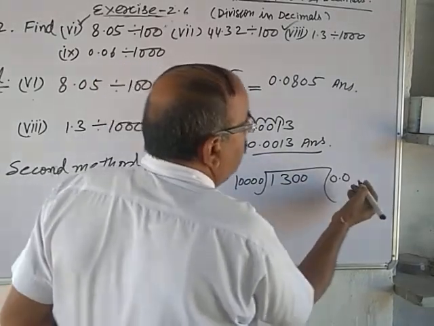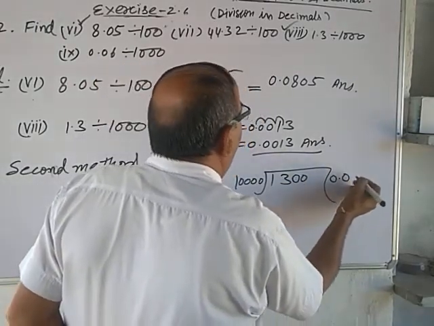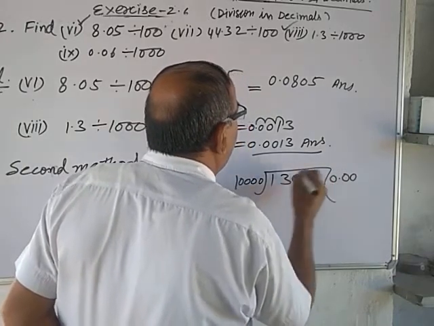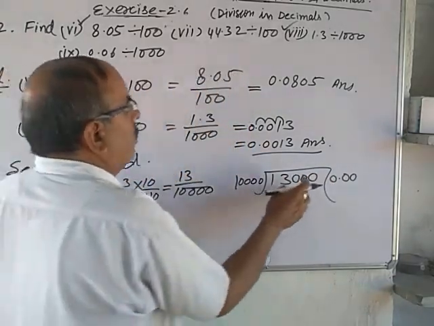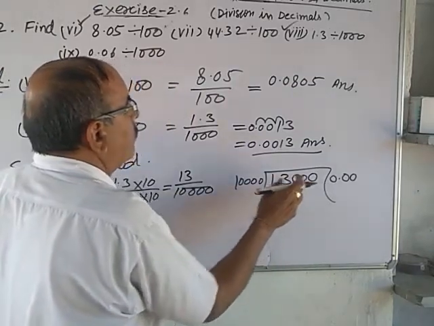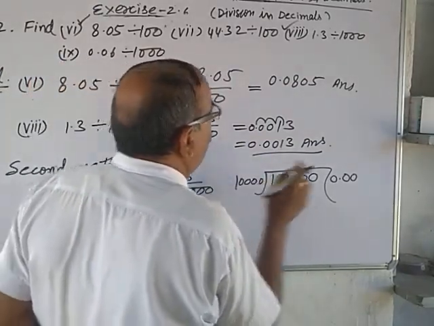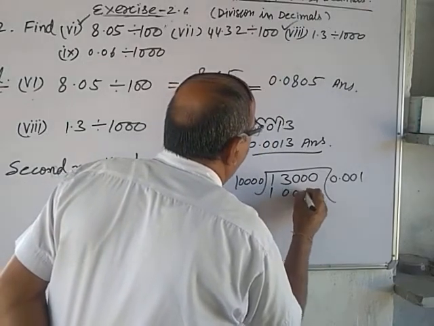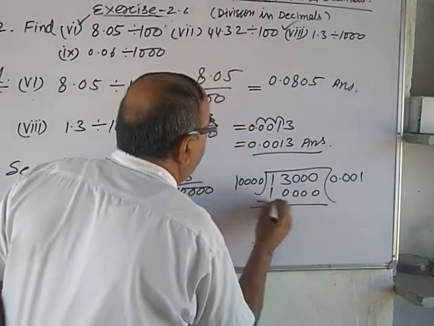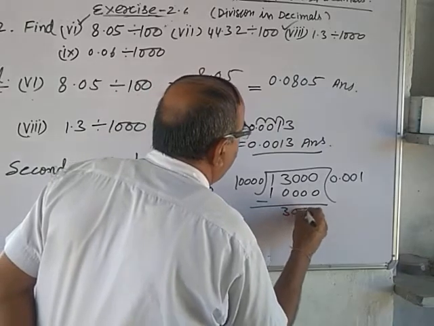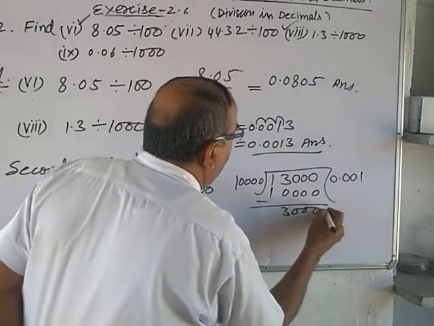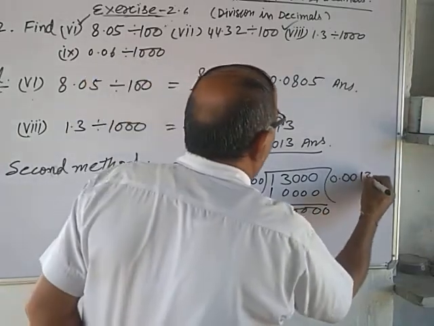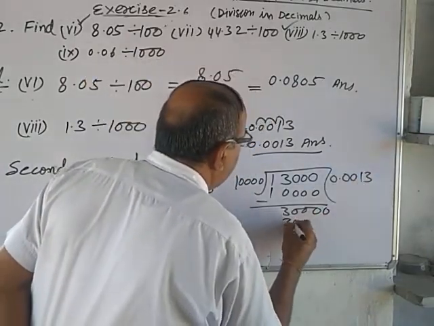There is no division, so the result is 0, and we put the 0 with it, it becomes 13,000. 1 times 10,000, minus 3,000 is remainder, and put the 0 with the 3,000, it is 30,000. 10,000 3s is 30,000.